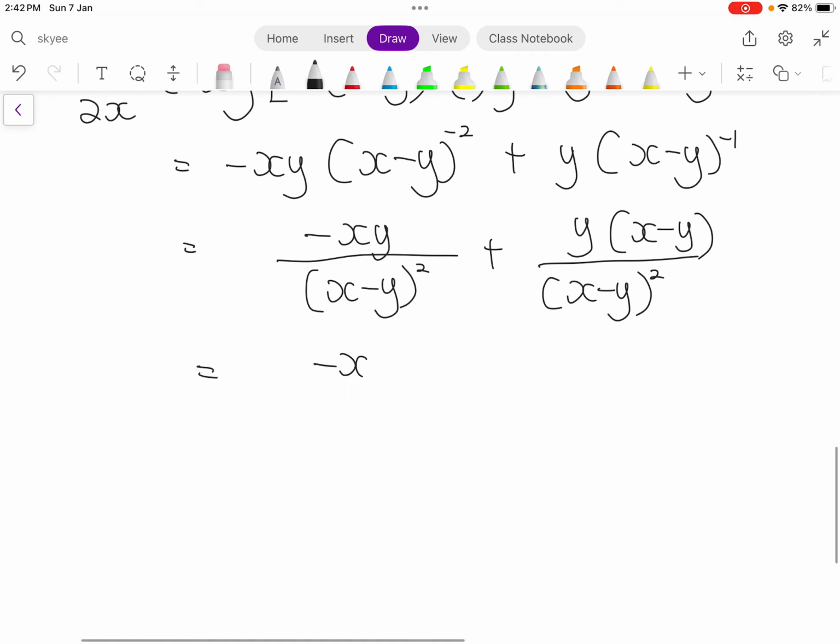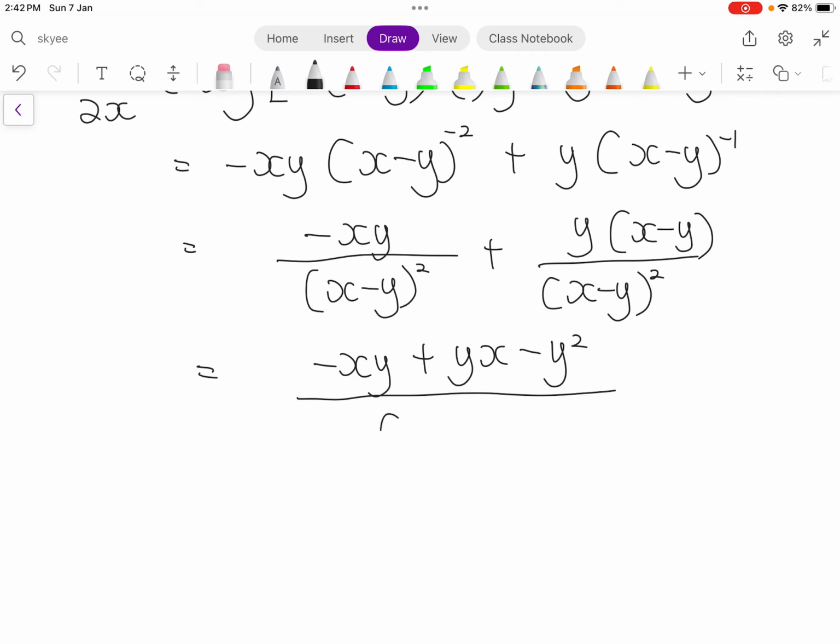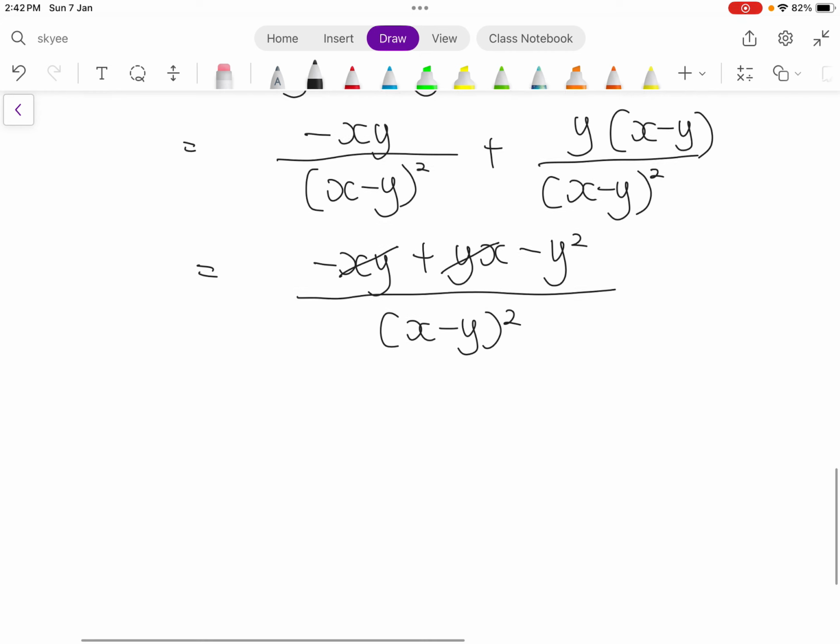So negative xy plus yx minus y squared over x minus y squared. You can cancel this, so you are left with negative y squared times x minus y to the power negative 2.